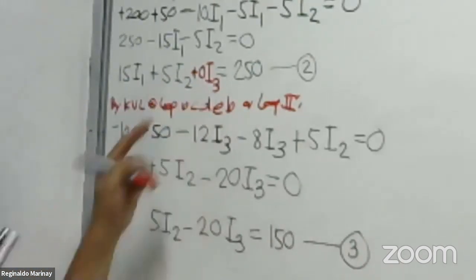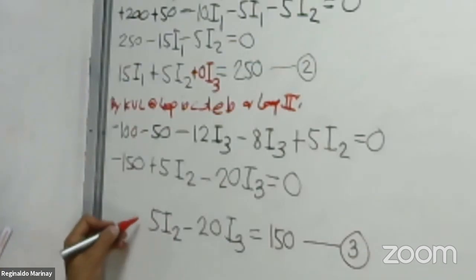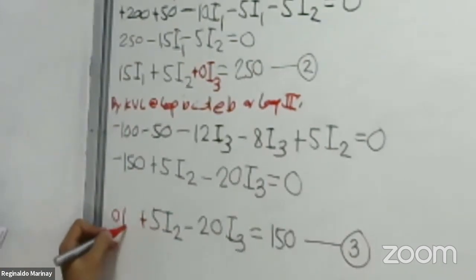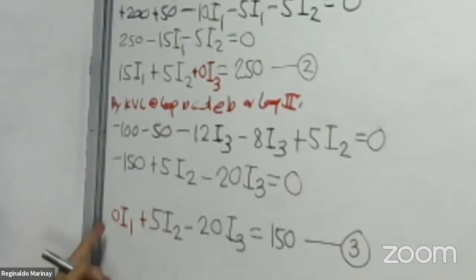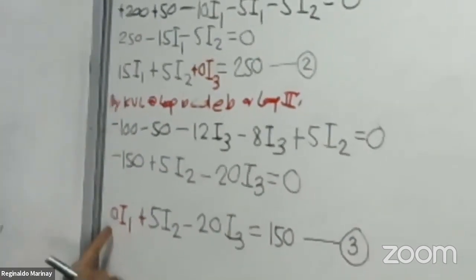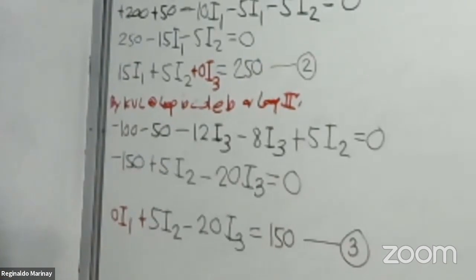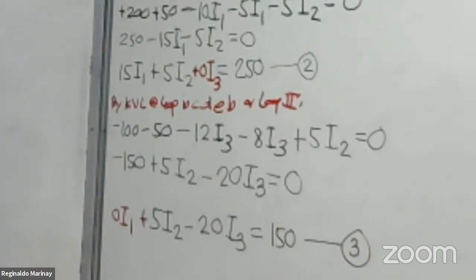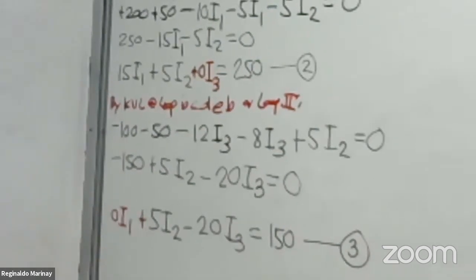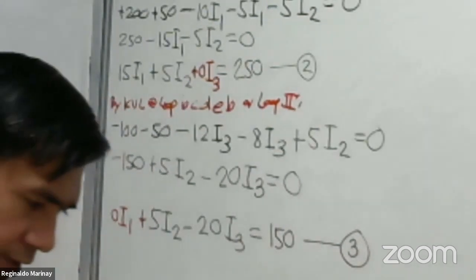That's complete already. What about here? There is no I1, so you have to add 0 I sub 1. Although it is also 0, it is necessary in our calculator. We will not be doing determinants, we will not be doing Cramer's rule. We'll go directly with our calculator.